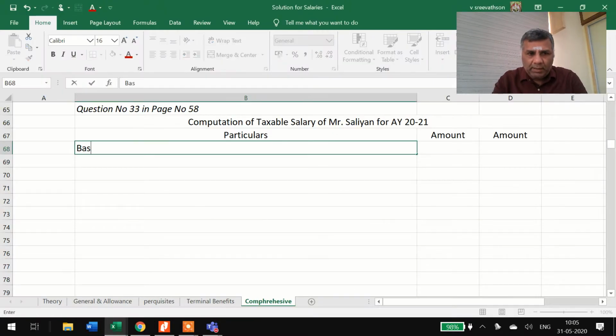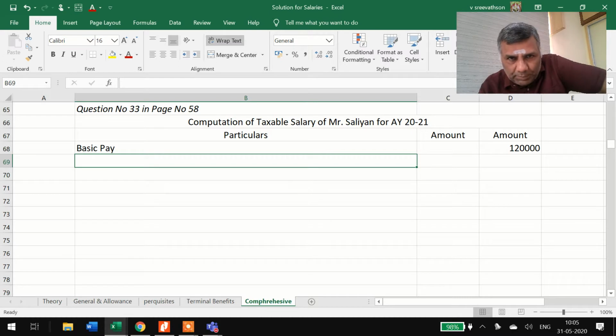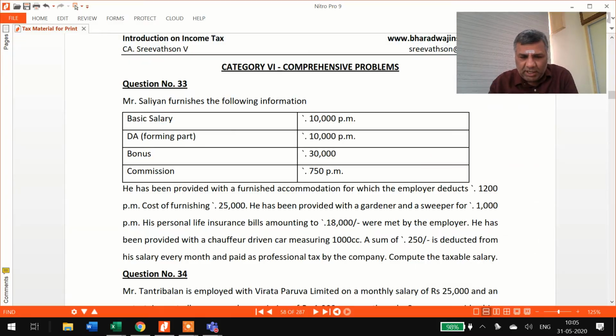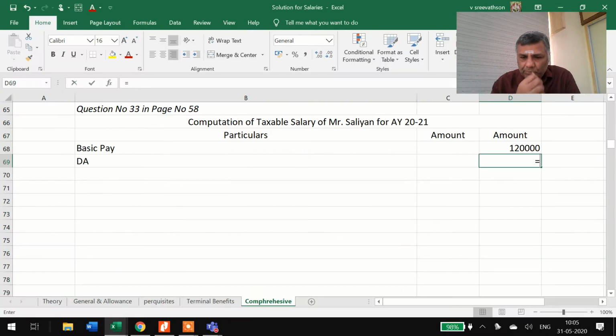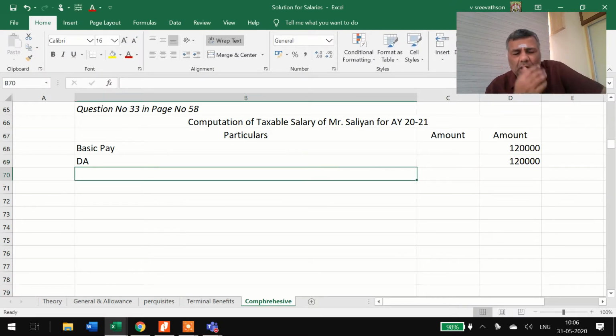Basic pay is 10,000 per month, so 10,000 into 12, 1,20,000. DA, and interestingly it is fully forming part, again 10,000 into 12, 1,20,000.